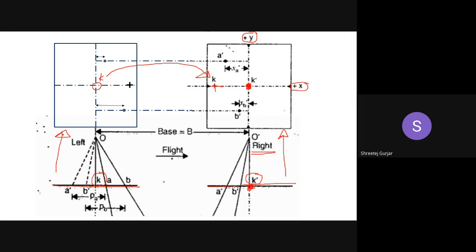If you remember, in overlaps we cover the principal point of the previous photograph. So while taking the right photograph, we have also captured the principal point of the previous area. That particular point we have transferred here, and this is called the conjugate principal point.